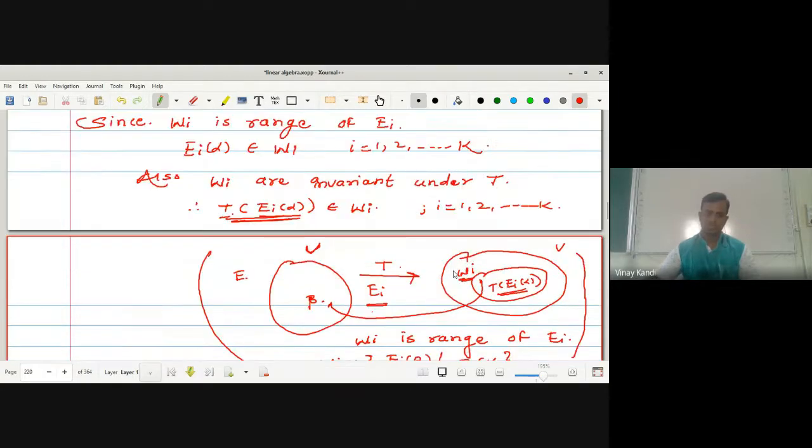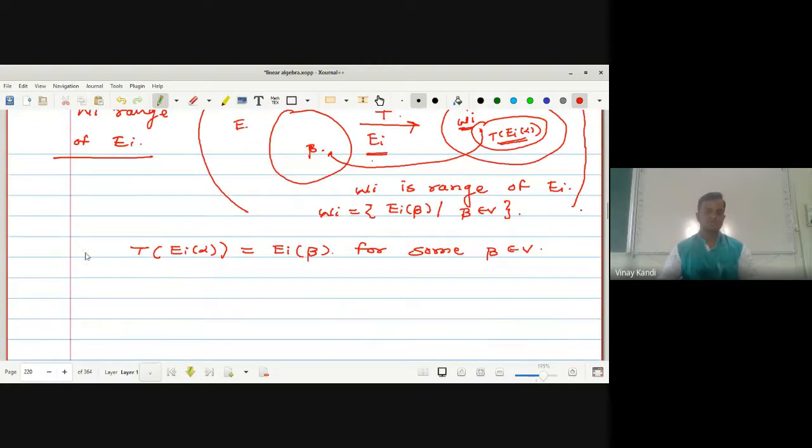Yes, sir. In this step, Wi is what? The range of Ei. Hence this implies T of Ei of alpha is equal to Ei of beta for some beta belongs to V. Give it as equation number 6. Now, using equation 6 in 5.